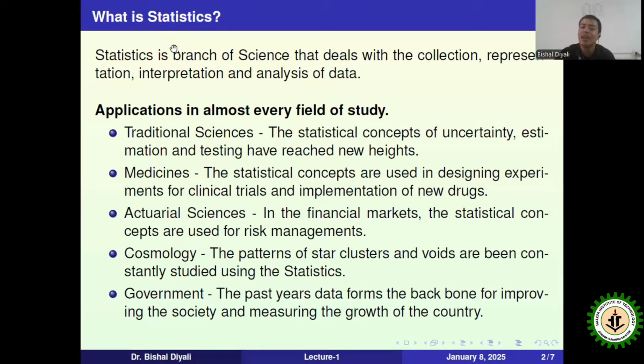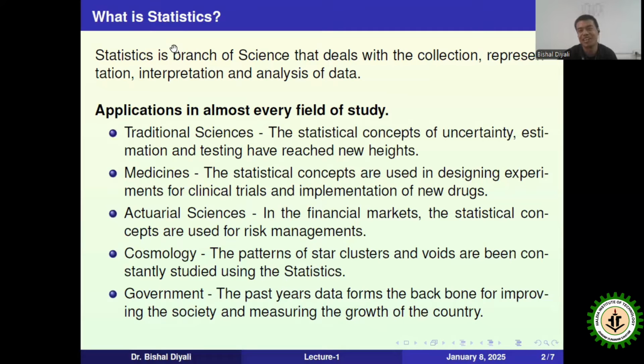With the help of those clusters, we can identify some fundamental things that are going on in the cosmos. Statistics has been fundamental in the discovery of many things that are going on in the cosmos, and in the coming years also statistics is going to play a very vital role.